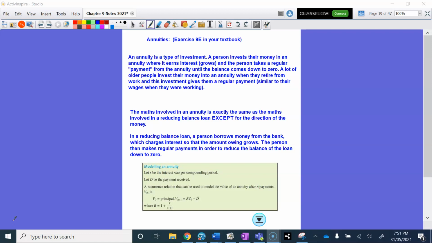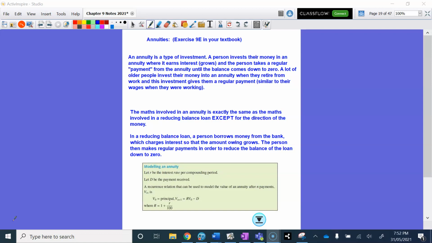Okay, so it's basically a way of a person investing a sum of money and then using it at a controllable rate. So the model for the annuity looks exactly the same as the model for the reducing balance loan.